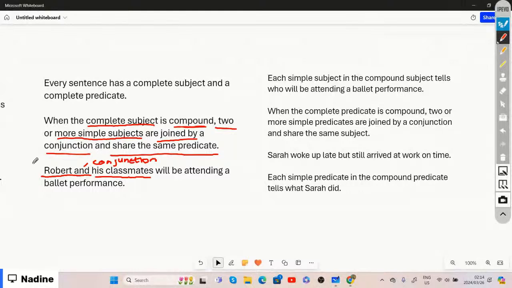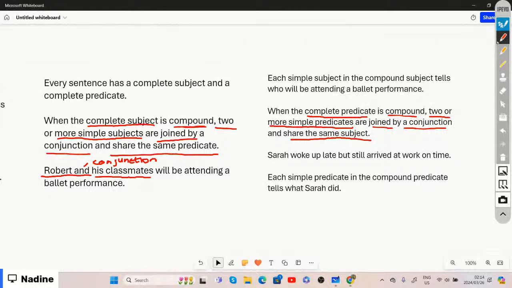And then when the complete predicate is compound, it means it is two or more simple predicates that are joined by a conjunction and they share the same subject.